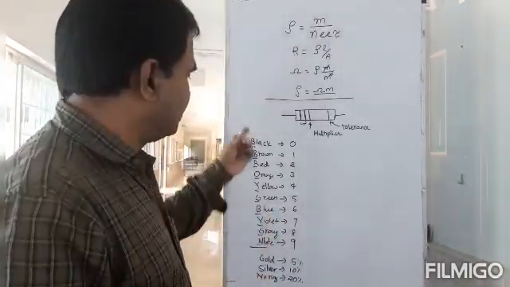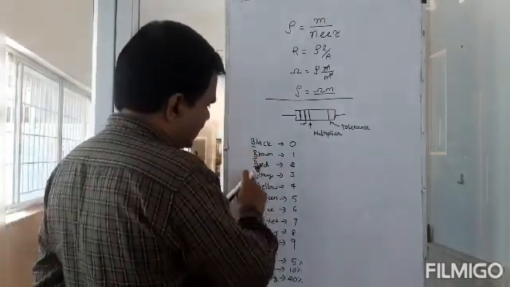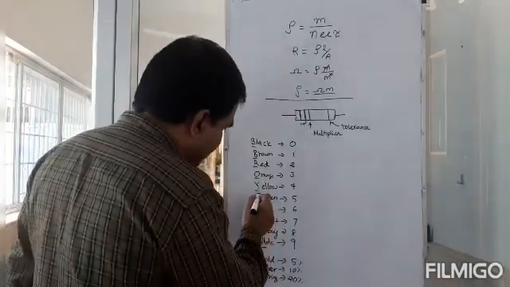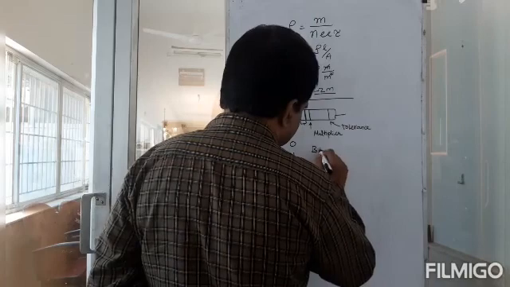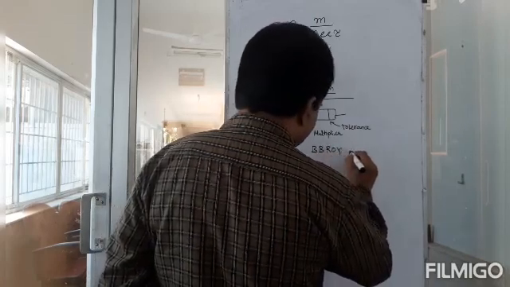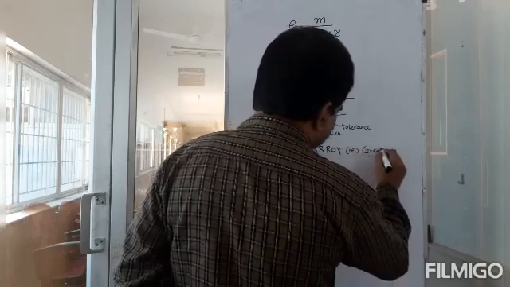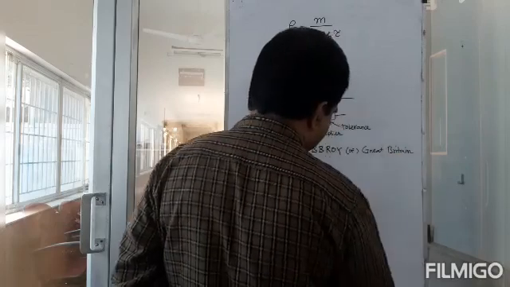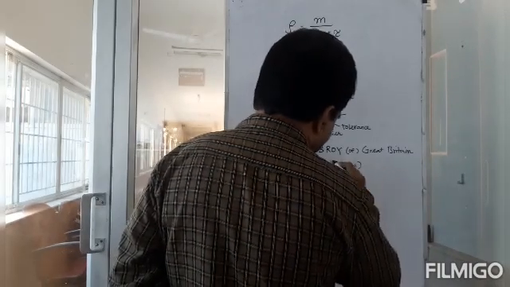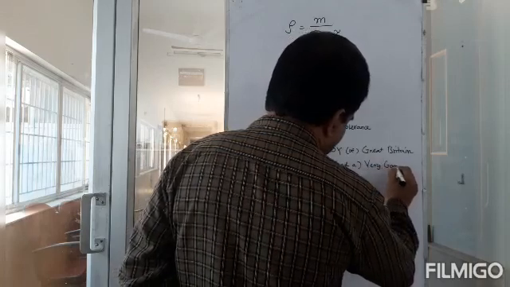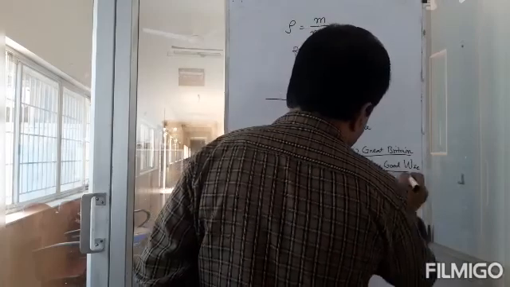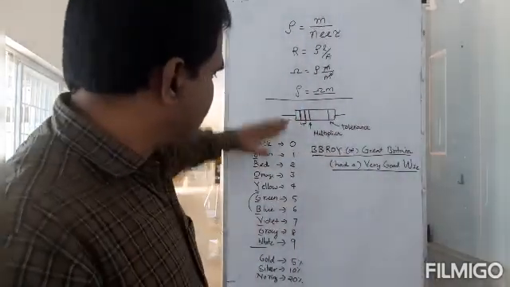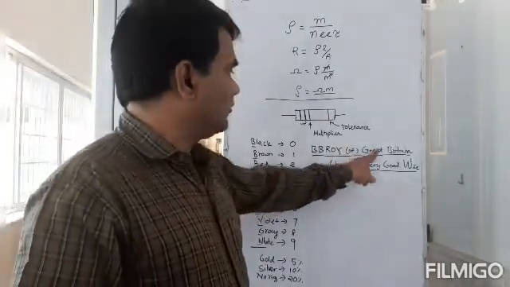The sentence that's going to help you remember this is: B.B. Roy of Great Britain had a very good wife. If you remember this, then you should be able to reproduce these values. B.B. Roy of Great Britain had a very good wife.